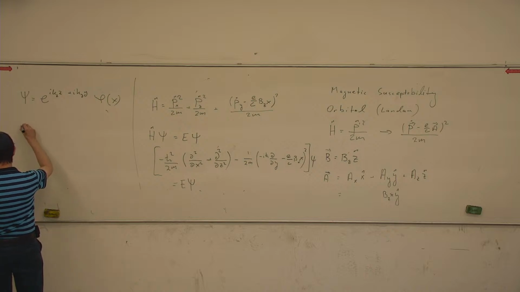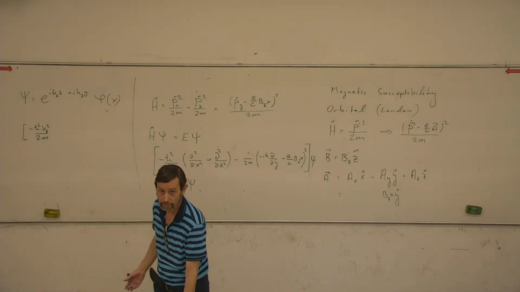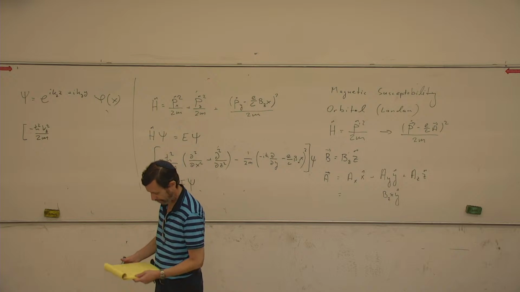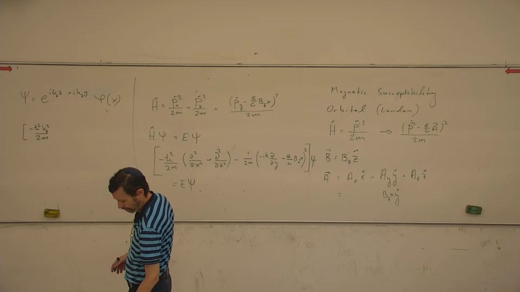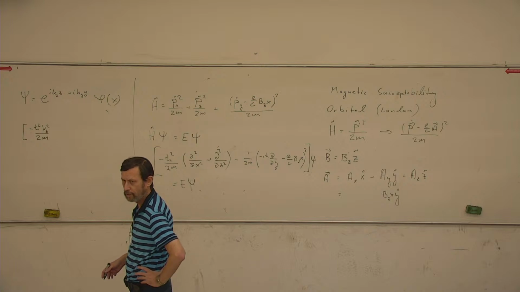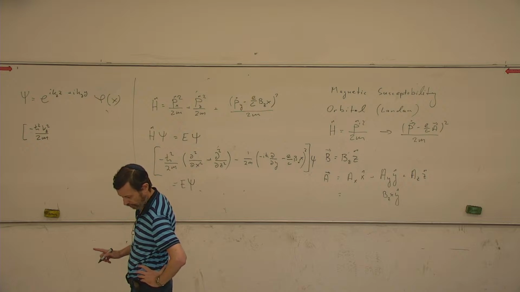So, this is trivial, that's what we expected. Shouldn't it be positive h bar squared? No. Just a moment.